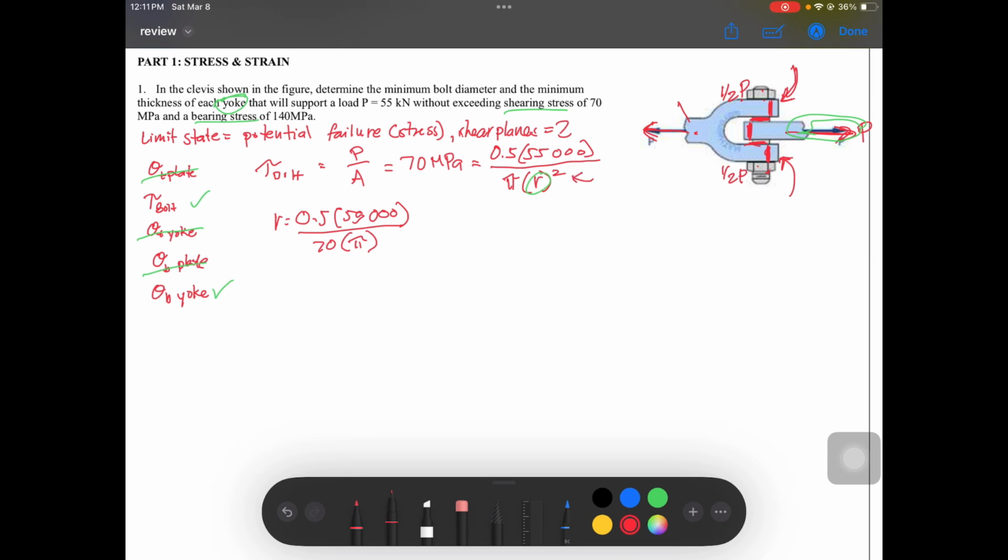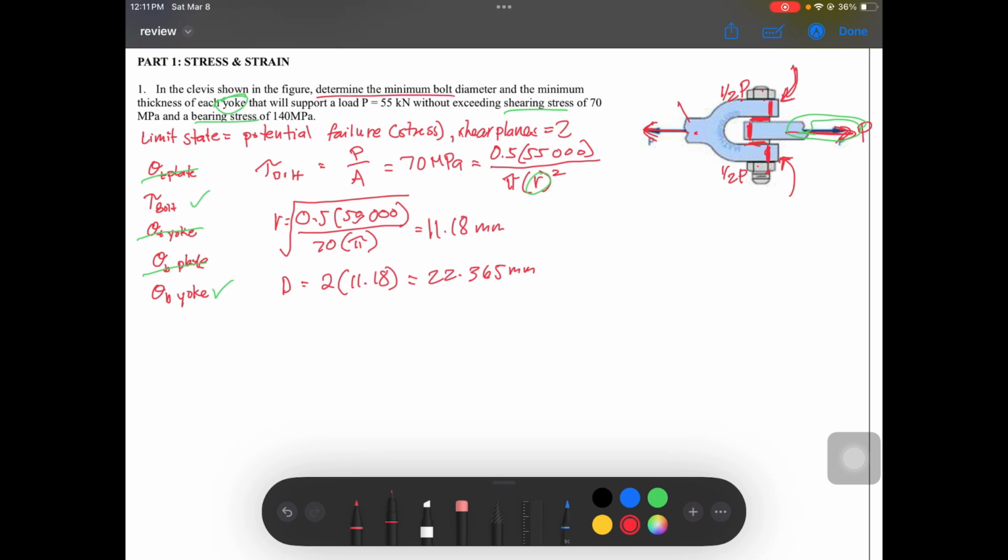Since naka-squared ang ating r, kailangan natin itong i-square root. And this will be equal to 11.18 mm. So, since radius yan, kunin mo si diameter by multiplying your radius sa dalawa. So, this is 22.365 mm.